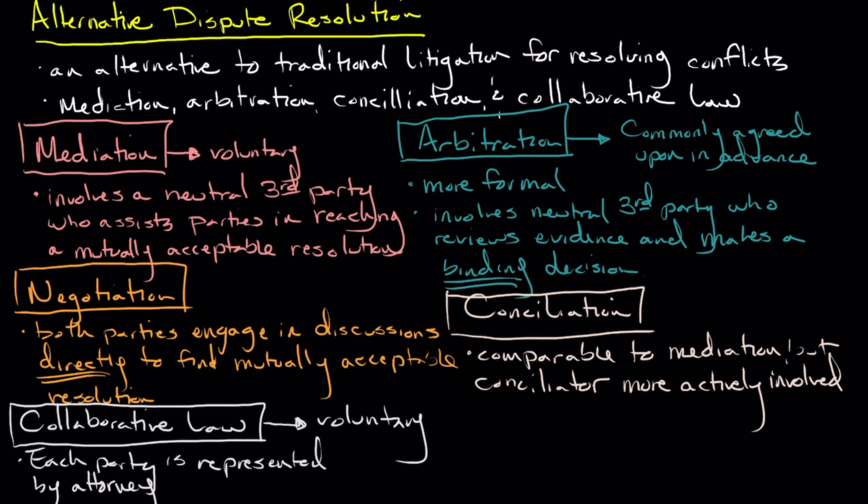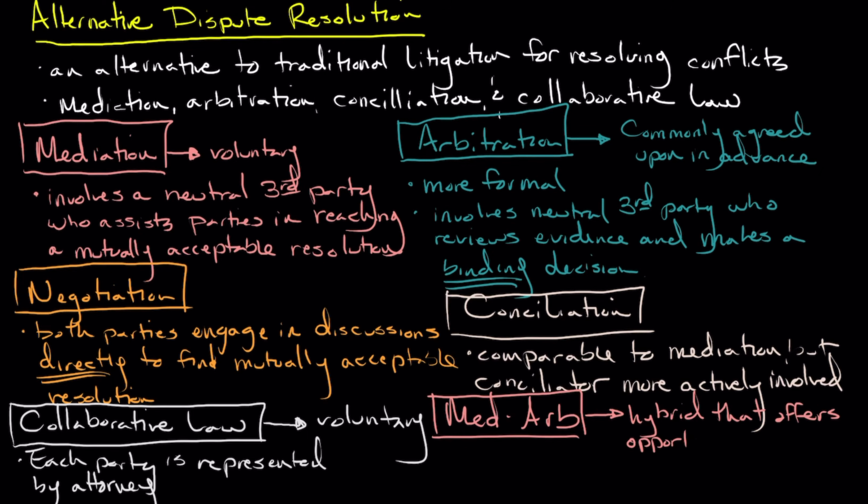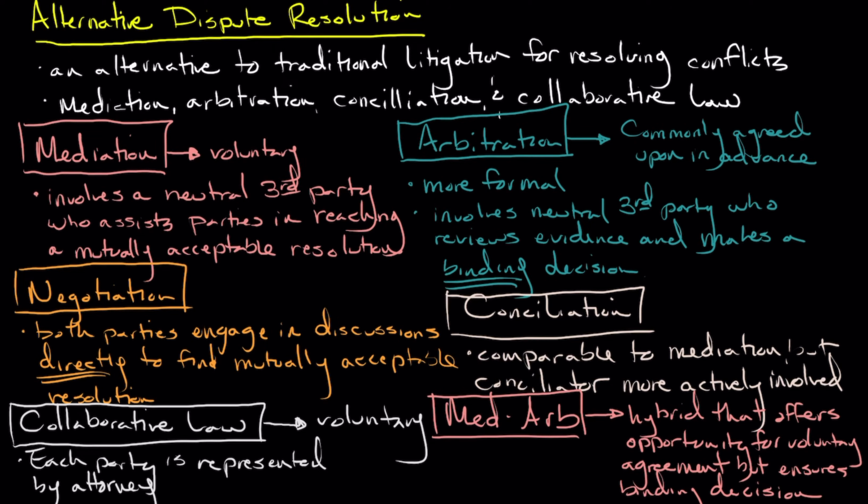Now, lastly, there are a couple of other notable ADR methods that are less common but still available options, and those include med-arb as well as summary jury trials. So I'm going to start by explaining med-arb. Med-arb combines mediation and arbitration, and so it gives parties the opportunity for a voluntary agreement, but ensuring a binding decision if mediation fails.